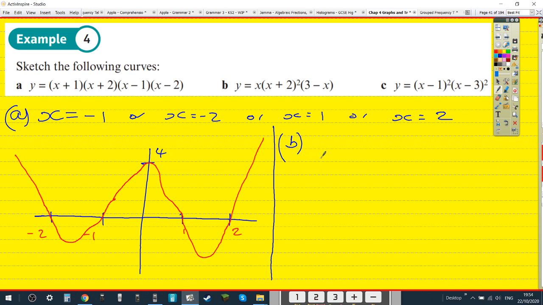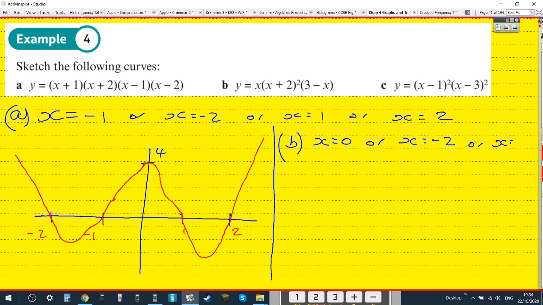So it'd be the first one. Would one of them be x equals 0? Yep. And then another one would be x equals minus 2, and then the other one would be minus x equals minus 3.